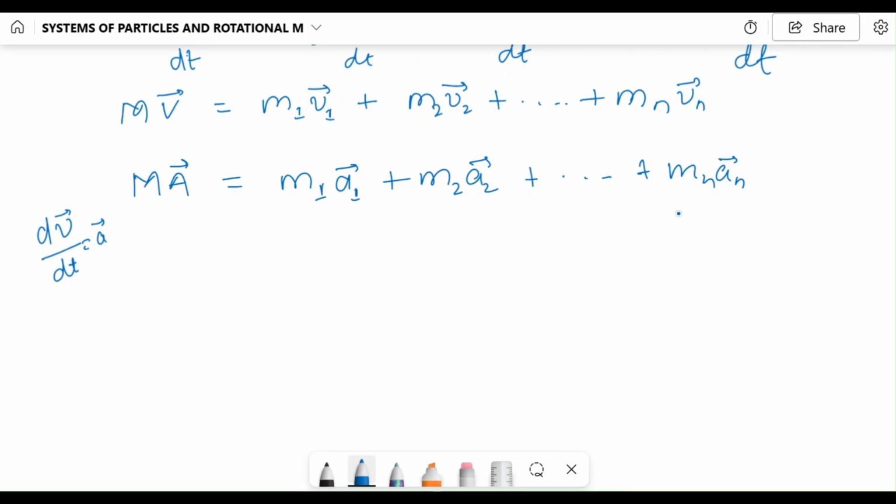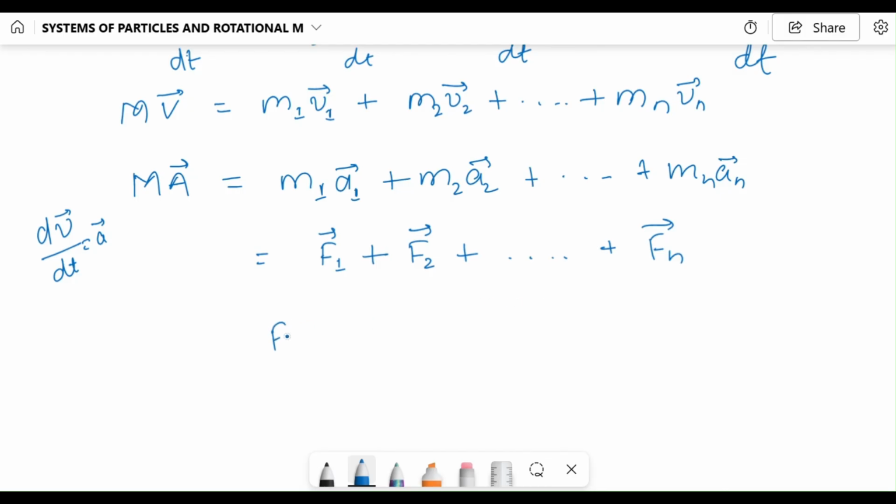Now this thing we can write as force on the first particle plus force on the second particle, and so on up to force on the nth particle.